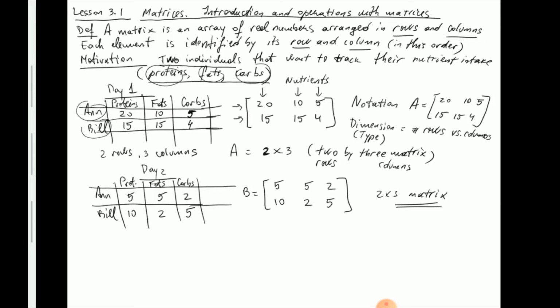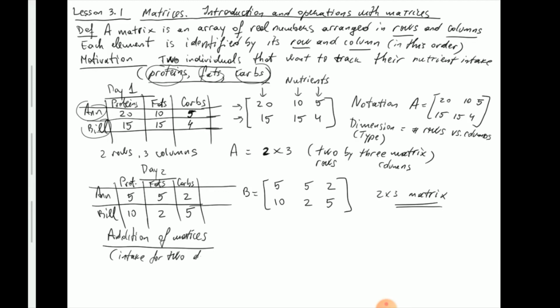But in this example, let's say here's a justification for addition of matrices, which I'm going to introduce later. Let's say Anne and Bill want to have the information about the total intake for 2 days, the intake of these nutrients for 2 days.